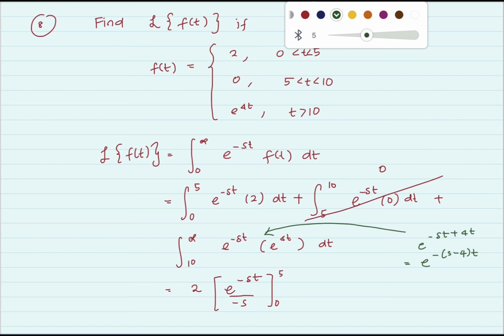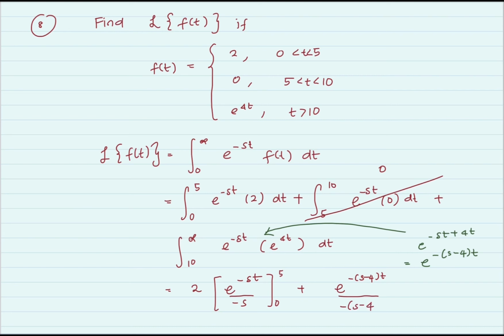Alright, so now we have, plus, the integration of this will be e^(-(s-4)t) over negative (s-4), from 10 until infinity. Now we want to solve it, we need to substitute t with these limits. We continue with the Laplace transform of f(t).